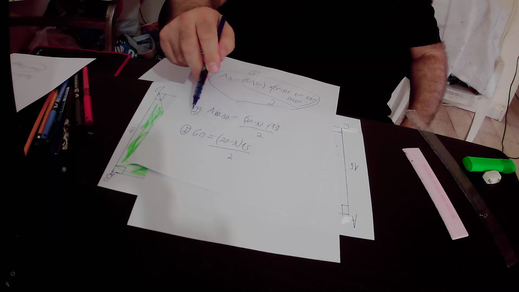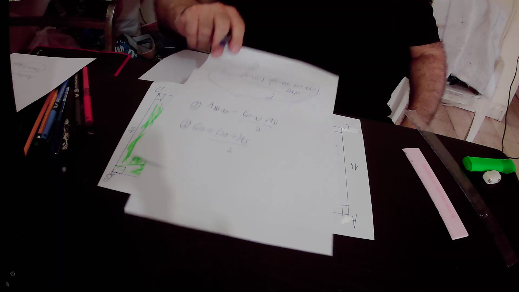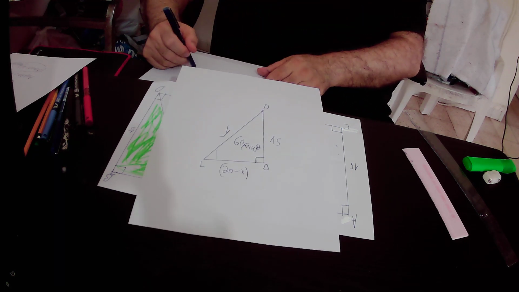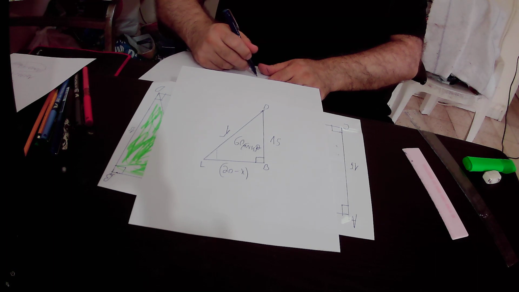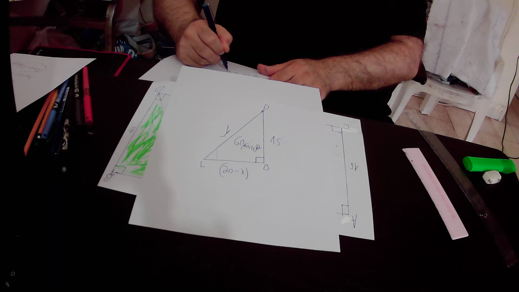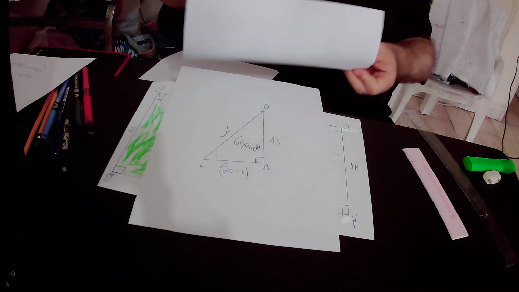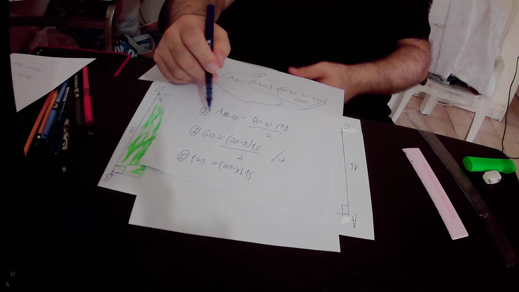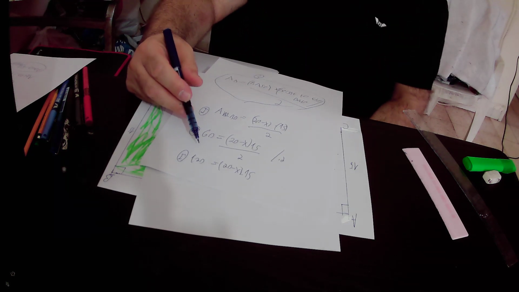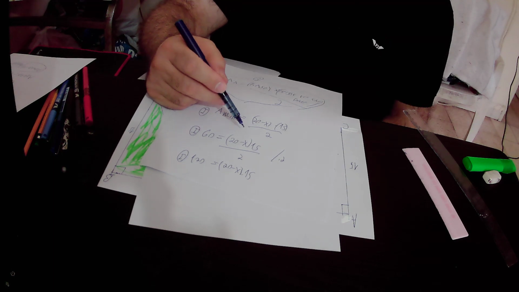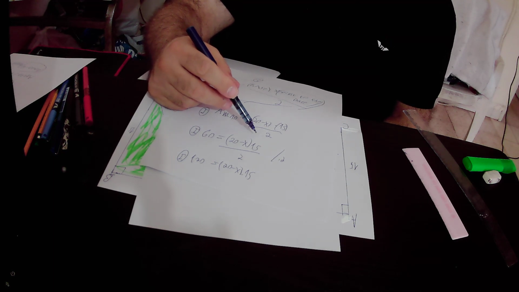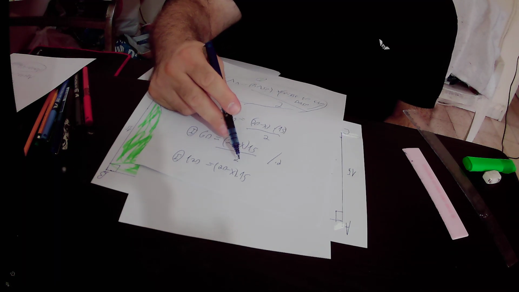Here we can multiply equation number 1 by 2. 60 times 2 is 120, and 20 minus x times 15 times 2 divided by 2 is 20 minus x times 15.